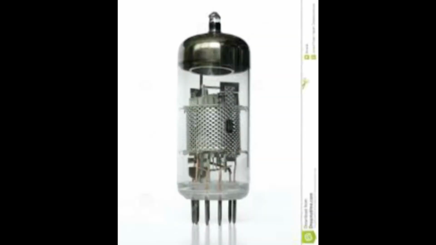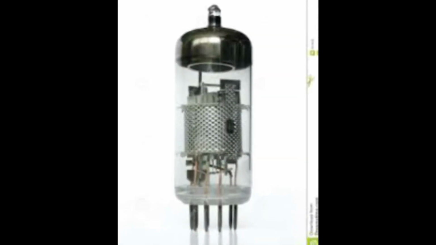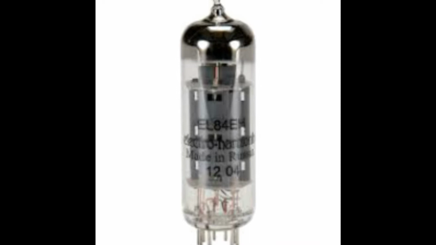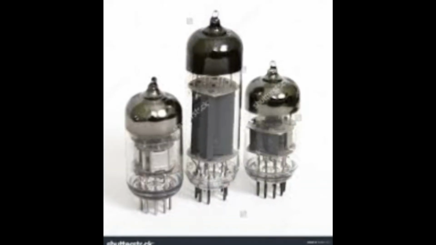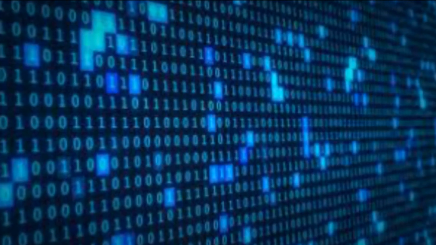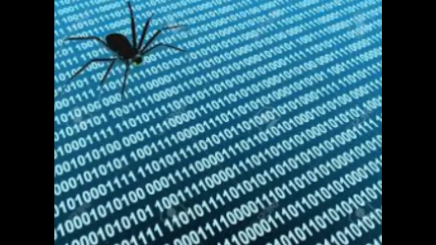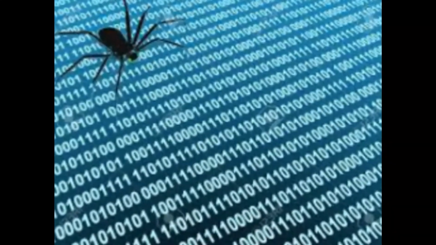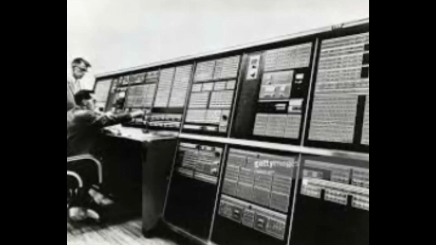The first generation of computers dates back to 1940 to 56 and used vacuum tubes for circuitry and magnetic drums for memory. These computers relied on binary coded language to perform operations and were able to solve only one problem at a time. These computers were enormous, as big as a room, and generated a tremendous amount of heat.